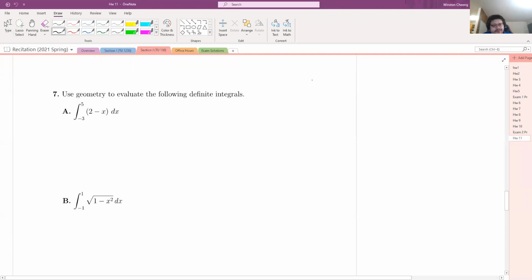So the idea for 7 is all we have to do is draw the functions, or draw what the integral represents, and then with that you should be able to use geometry in order to figure out how to represent this integral as an area. So we start off at trying to draw 2 minus x.